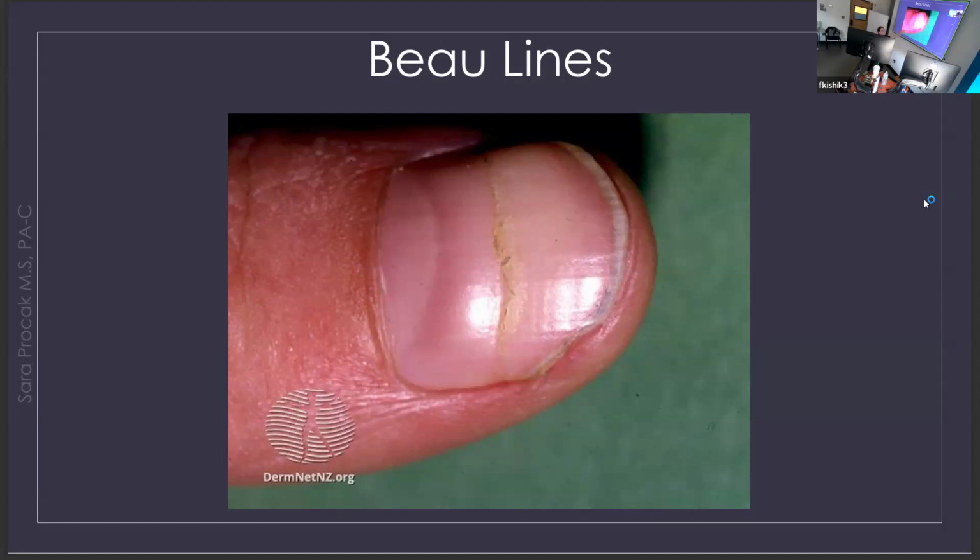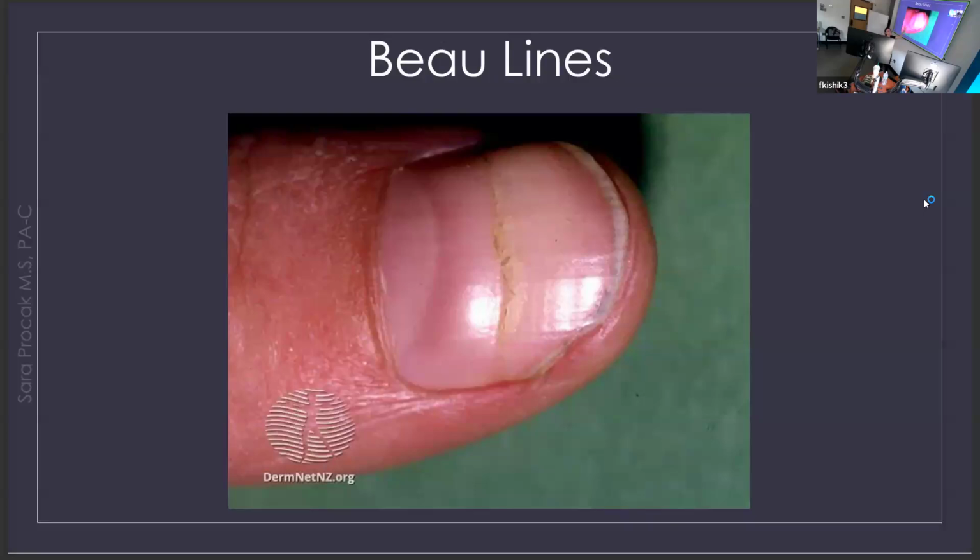Sometimes you can even have multiple Beau's lines spaced out on someone's nail. This could be someone who's going through chemotherapy at regular intervals, and it's going to cause this shock to keep recurring. You can see that. What's kind of neat about a Beau's line is that you can tell when the shock occurred when you look down at their nail and you look at the placement of the line.